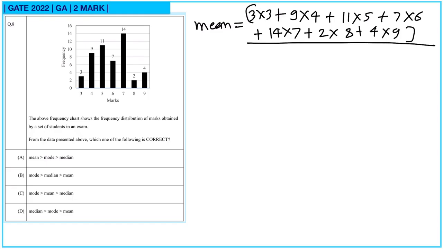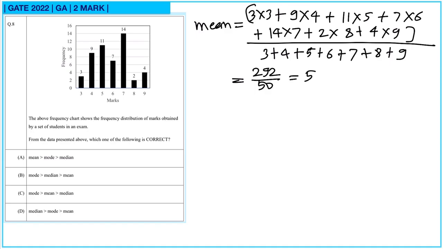This whole divided by 3 plus 9 plus 11 plus 7 plus 14 plus 2 plus 4. So this will be mean, and this is equal to 292 upon 50. That means it is 5.84. So that is the mean value or average value.